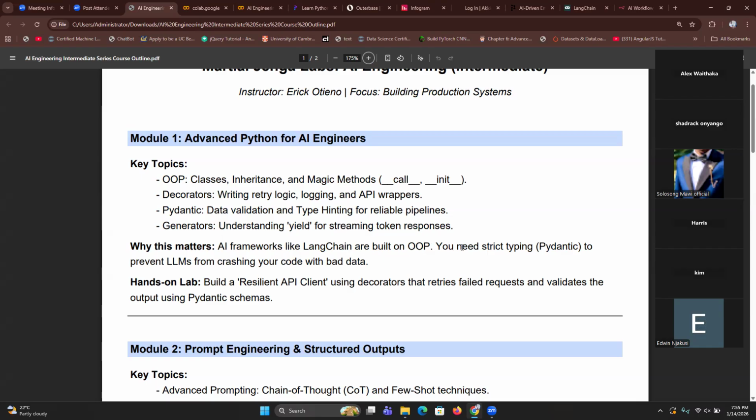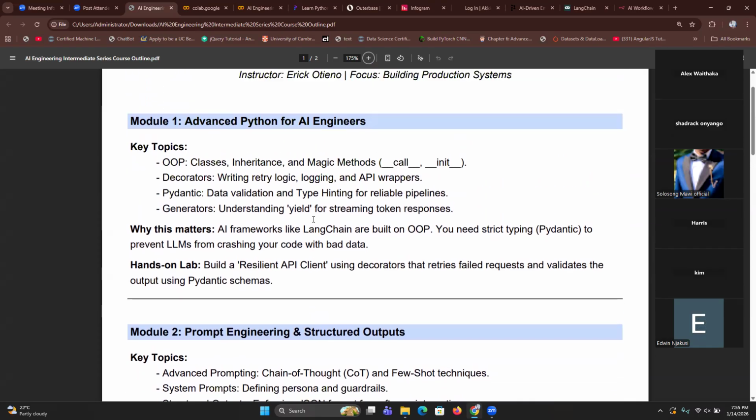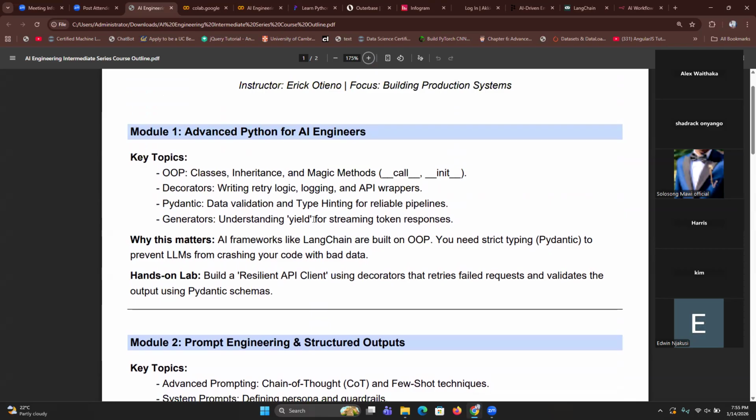Therefore, at some point we'll need to do what we call strict typing, so that we prevent our large language models from crashing with bad information. That is the main reason why starting from Monday, we are going to advance on Python. It's not that complicated. So long as you've understood the fundamental parts of Python, then these are very, very simple to understand.